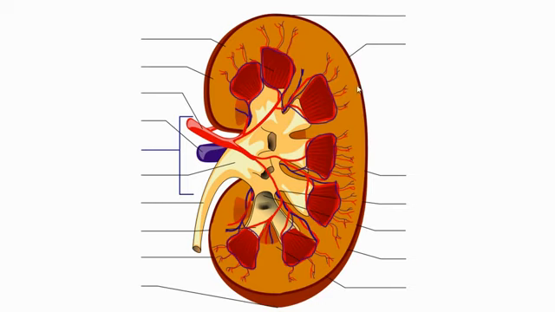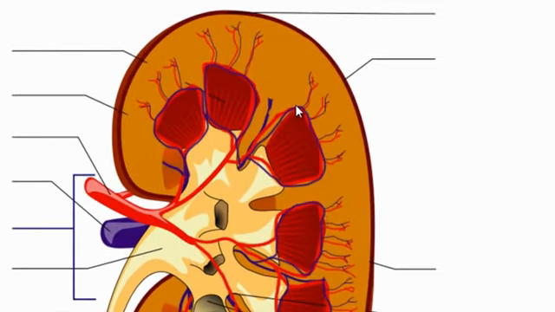So you can see how the segmental artery passes around the side of the medullary pyramid, and these arteries running up the sides are called the interlobar arteries. So they're called interlobar because inter means between and lobar refers to the renal lobes.